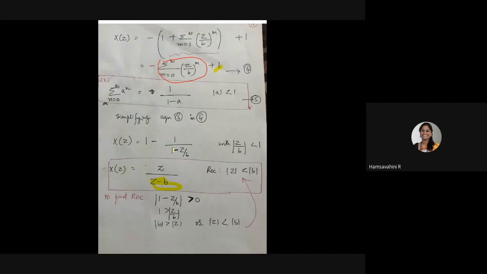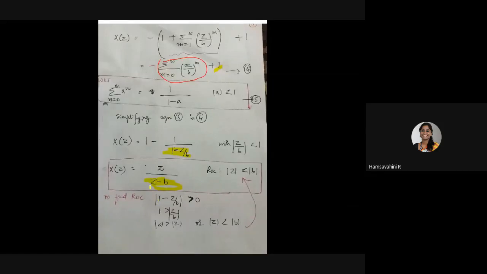Or what we can do is, just take the denominator 1 minus z by b. This should be greater than 0. Or if you want, you can consider z minus b greater than 0.